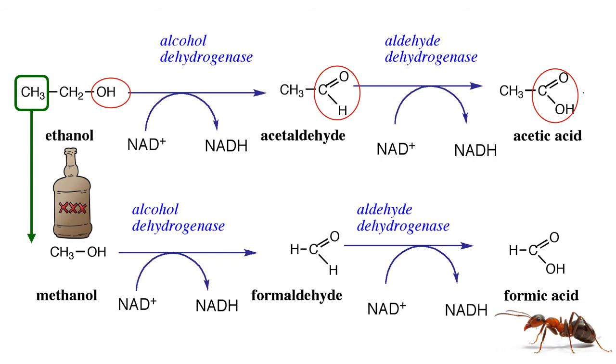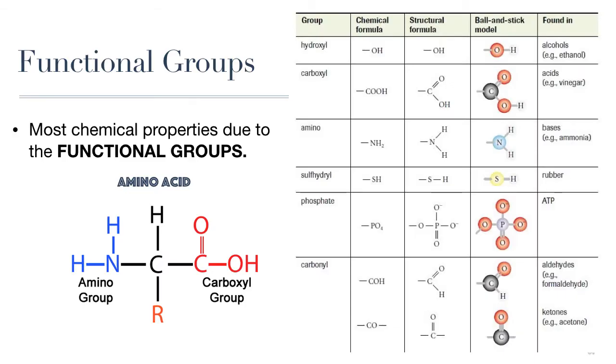Okay, so on that note, let's take a look at some more functional groups. So here's an amino acid. As we saw earlier, it has a carboxyl group, but amino acids also have an amino group, which is the one functional group so far that does not just contain carbons, oxygens, and hydrogens, but actually contains nitrogen. It consists of a nitrogen attached to two hydrogens.